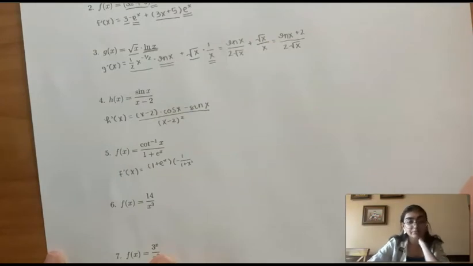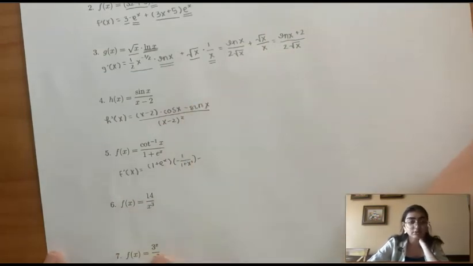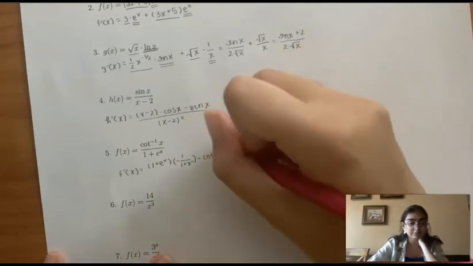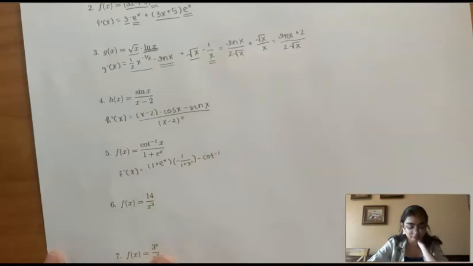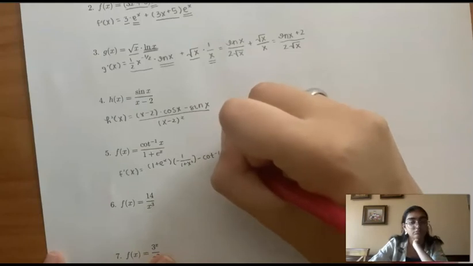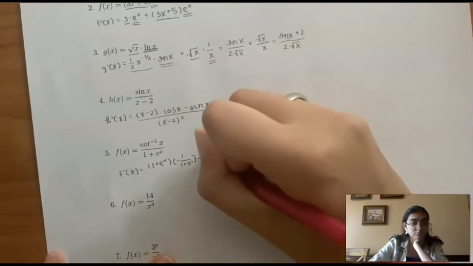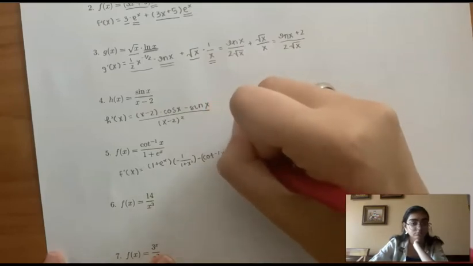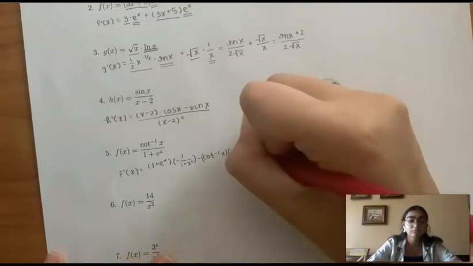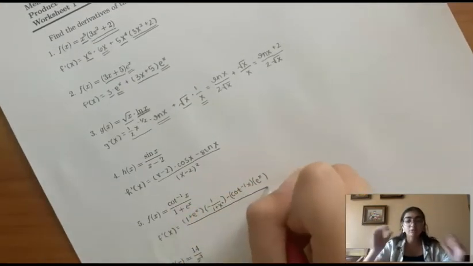Minus high, which is just inverse cotangent of x, times the derivative of low, which is just e to the x, over low low, which is just 1 plus e to the x in parentheses squared.